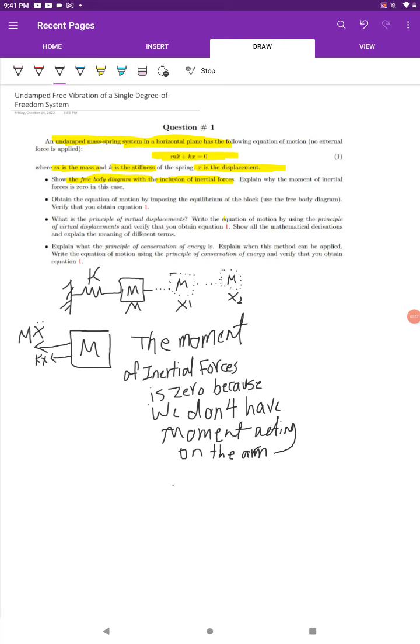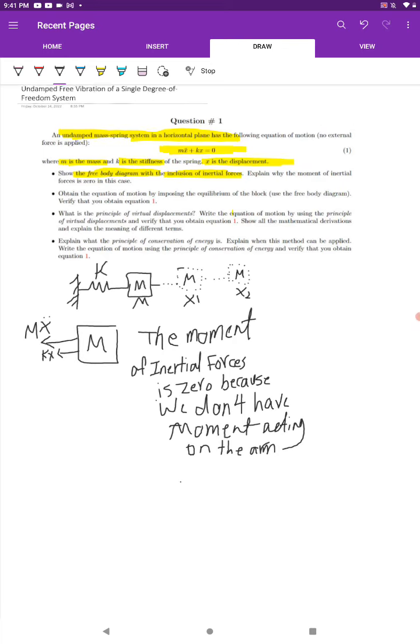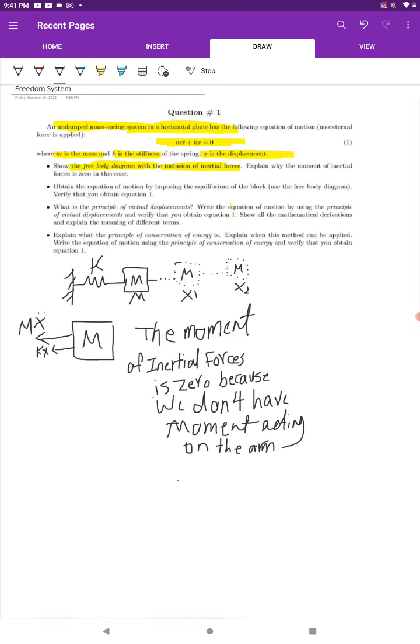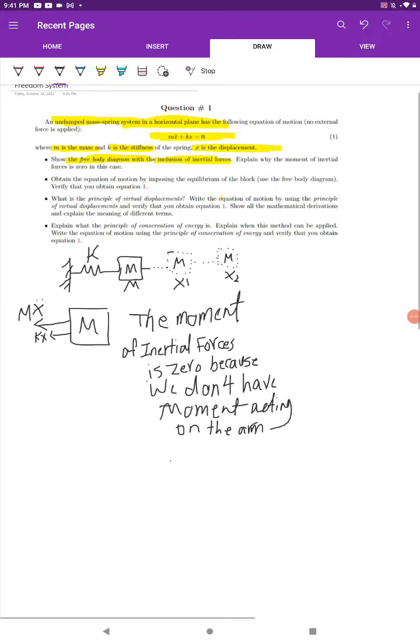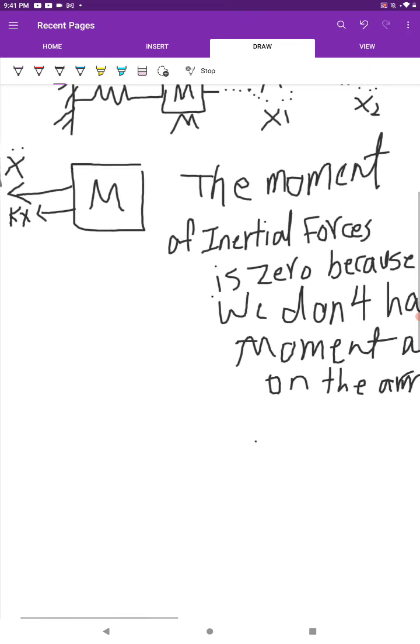The second part of this question is asking to obtain the equation of motion by imposing the equilibrium of the block. So to do this problem, we have to use this equation.